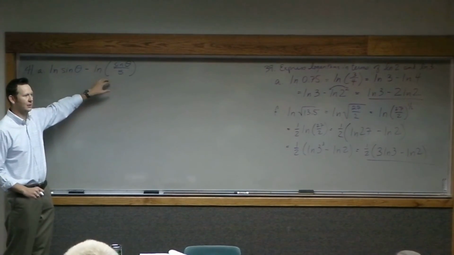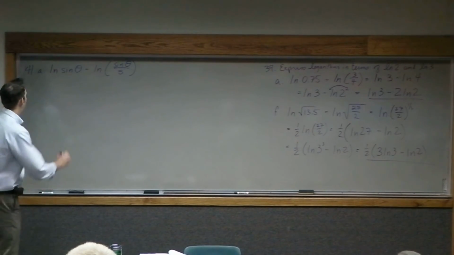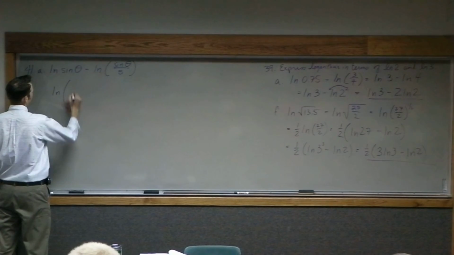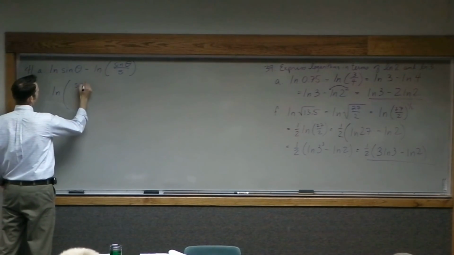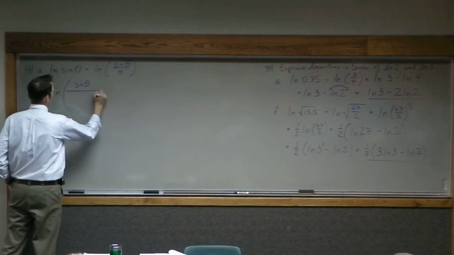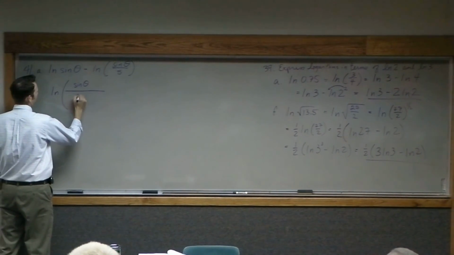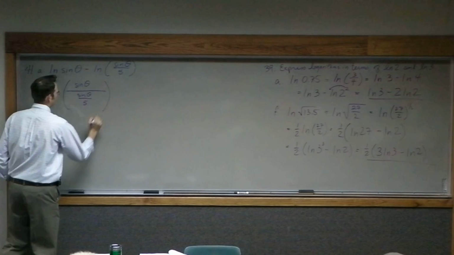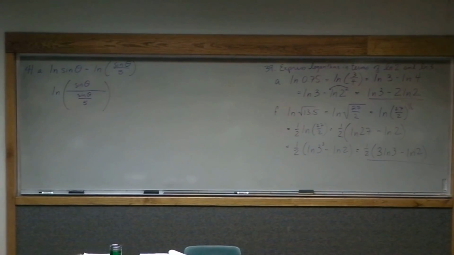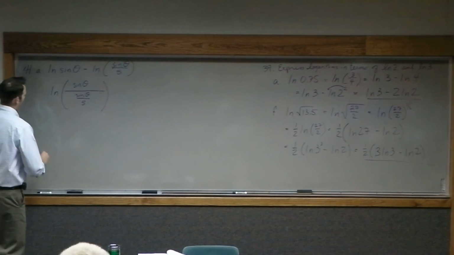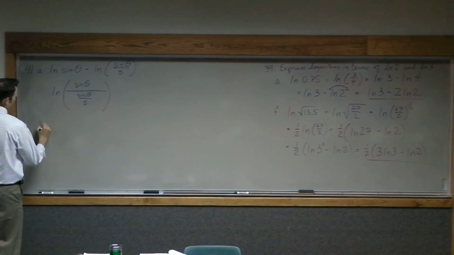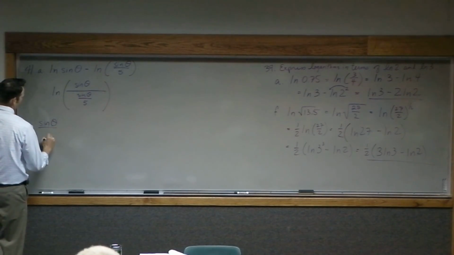We've got a subtraction, so divide. So we can write this as natural log of sine of theta, all of that over sine of theta divided by 5. Okay? So, for dividing fractions, we can rewrite this as this.